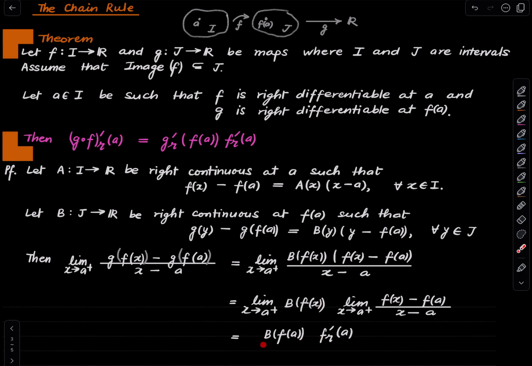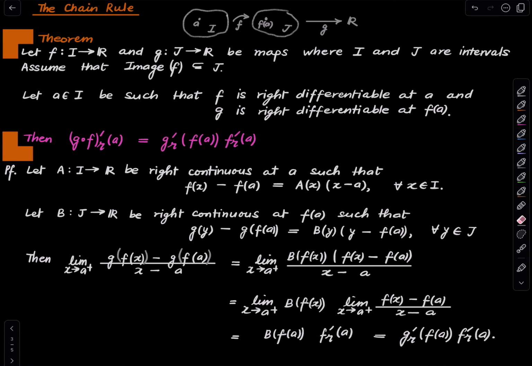Now what is b of f of a? B of f of a is nothing but the right derivative of g at f of a. Why? Because you take this to that side, take the limit by continuity of b, you get that. So this kind of argument we have done before. Not much of an argument anyway. So this is equal to the right derivative of g at f of a. That's it, as simple as that.